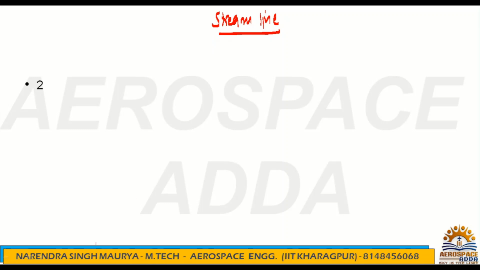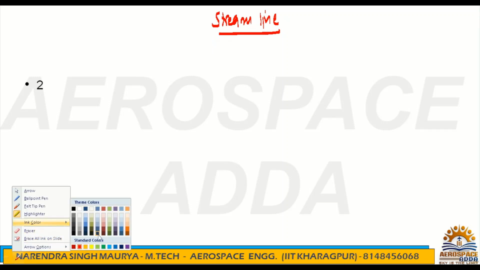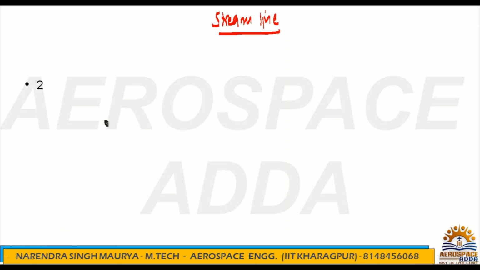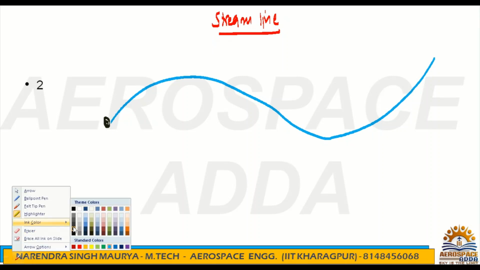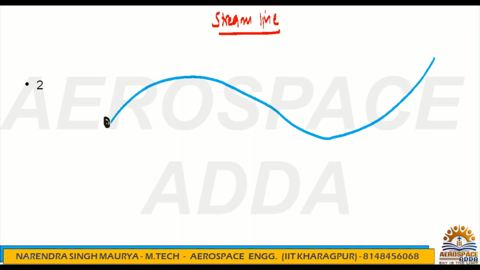Suppose this is the pathline, because this one particle is tracing one path. Now for this particular line, if you draw the tangent, this will be a streamline, and this tangent will give the direction of the flow field.